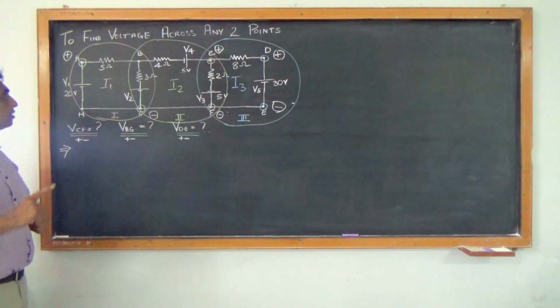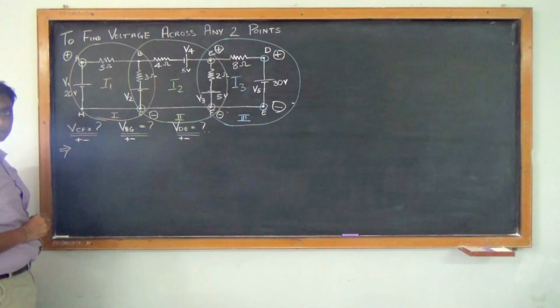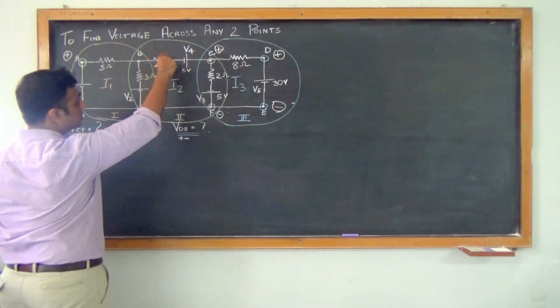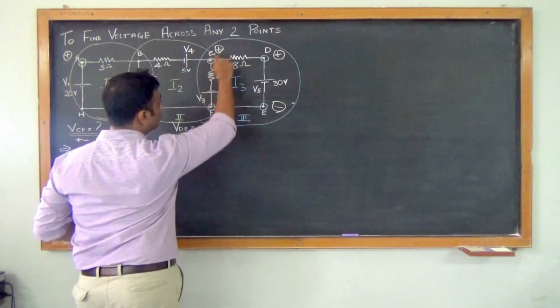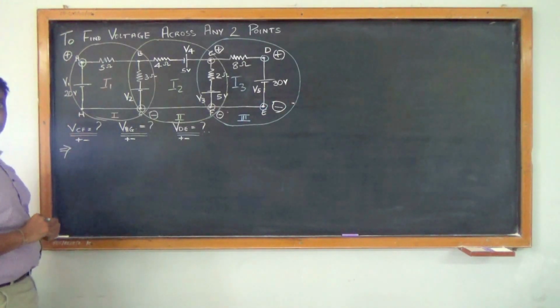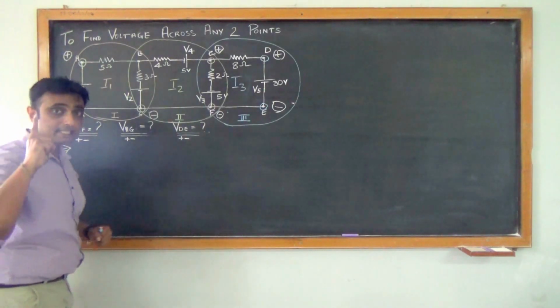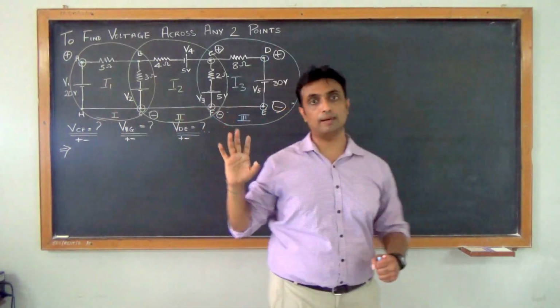After this, we represent loop 1 current as I1, loop 2 current as I2, and loop 3 current as I3. After this step, we have to compulsorily assume all the directions in clockwise.